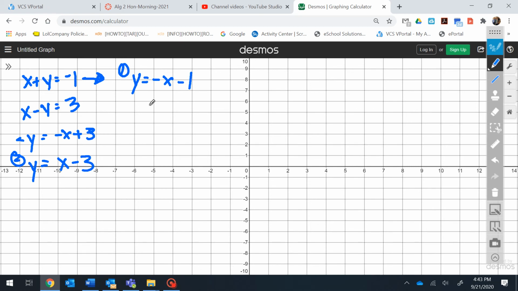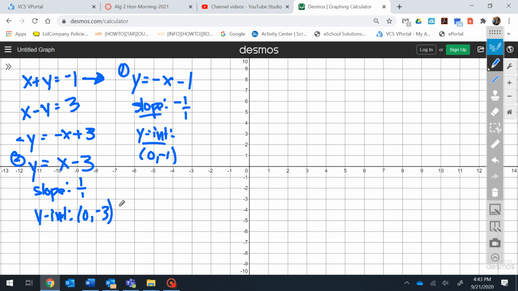The slope of my first equation is -1/1, the y-intercept is (0, -1). For my second equation, the slope is 1/1, the y-intercept is (0, -3).